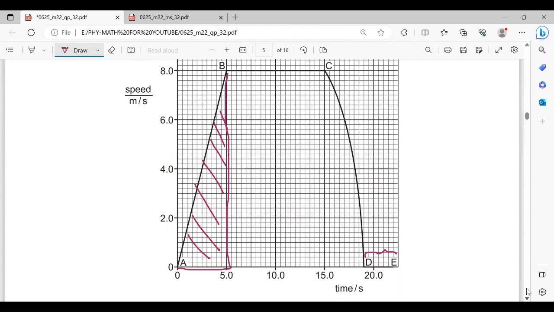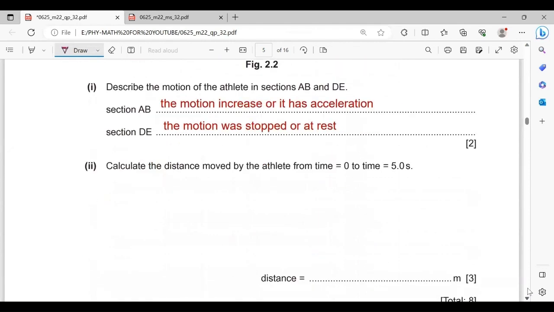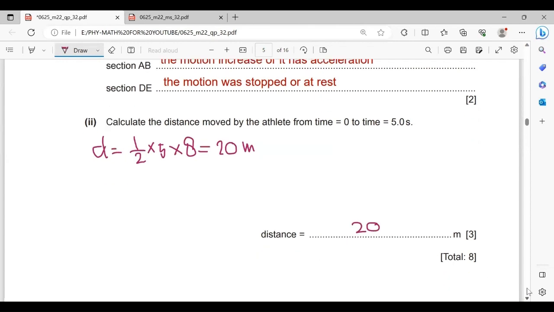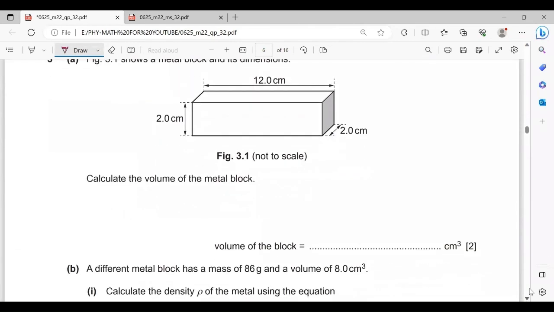So distance equals area of triangle, which is a half times 5 times 8, equals 20 meters. So the answer here is 20 meters. Next.